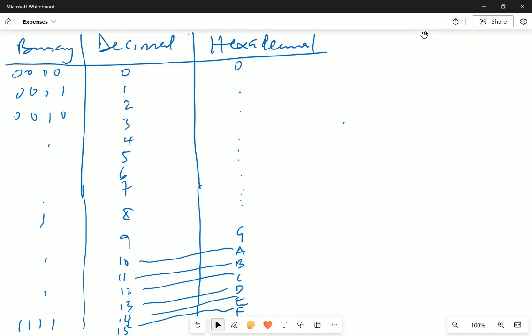So any number that you see, maybe in decimal or in hexadecimal, has its equivalent in binary. If you see the number 2, know that the binary equivalent is 0010. The same thing here. This is 1, this is 2. We can go back to our table to check.